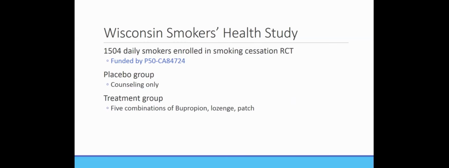For the purposes of today, I want to talk about two groups. There were 6 treatment groups, but we're just going to talk about 2: the placebo-only group and the treatment group, which had some combination of bupropion medication, the nicotine lozenge, and the nicotine patch.